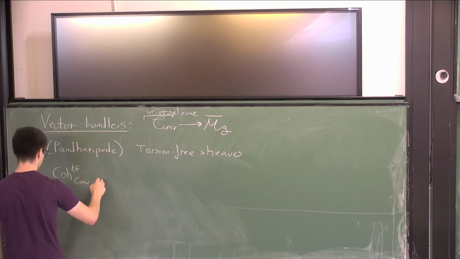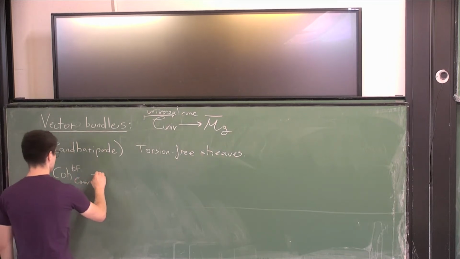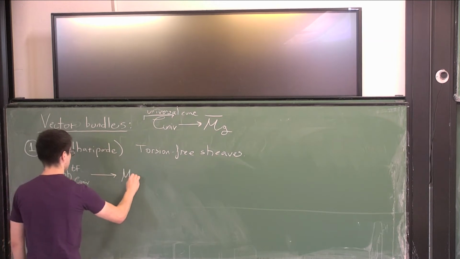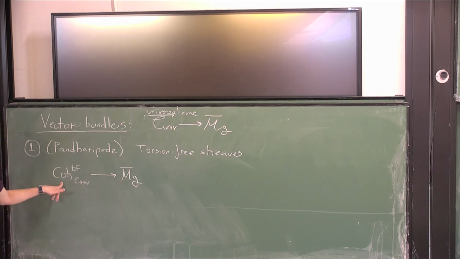And maybe you can throw in a chi. I'm not going to throw in the chi. This admits a map into this Deligne-Mumford stack, and the fiber over a curve is just going to be the moduli stack of torsion-free sheaves on that curve.